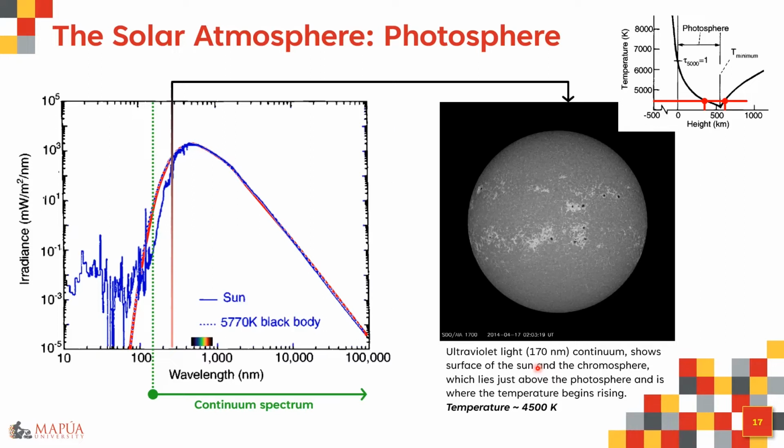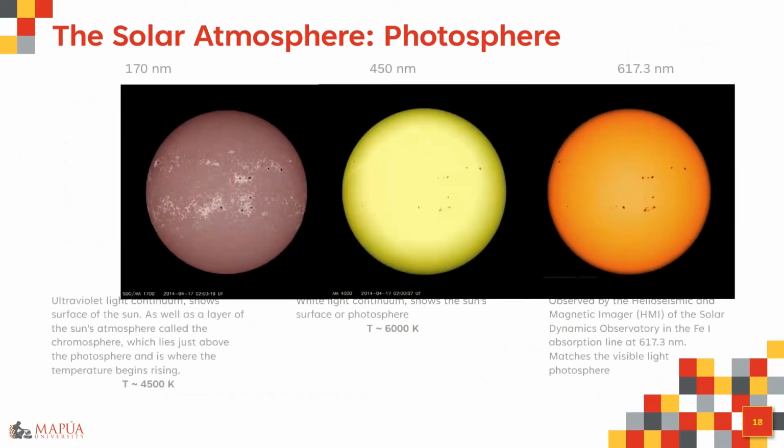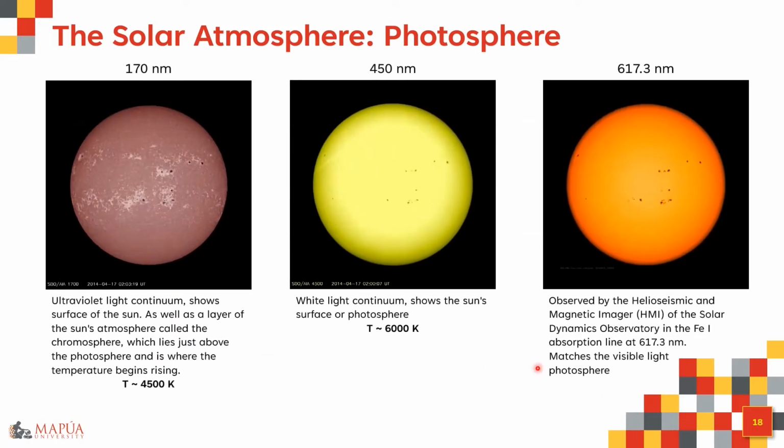Just to summarize, when you download these images from the Solar Dynamics Observatory database, you can see them colorized like this to differentiate them from one another. This is the 170 nanometer ultraviolet light continuum, which shows the surface of the sun.